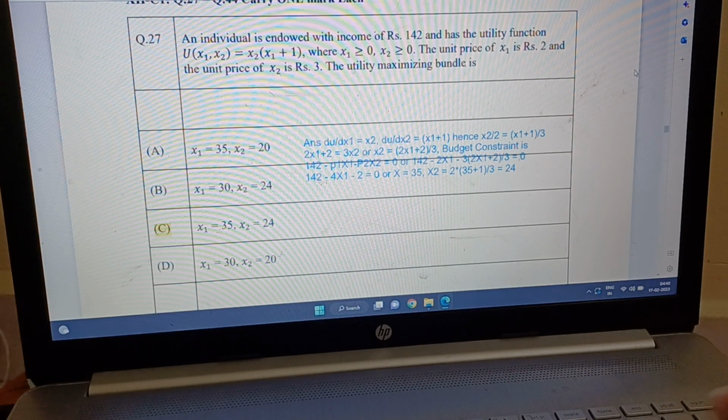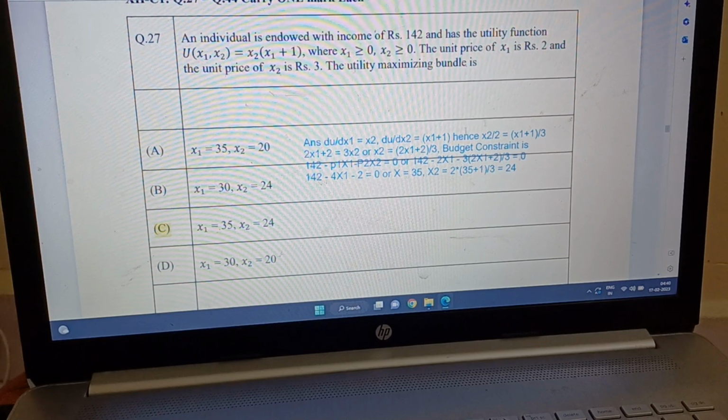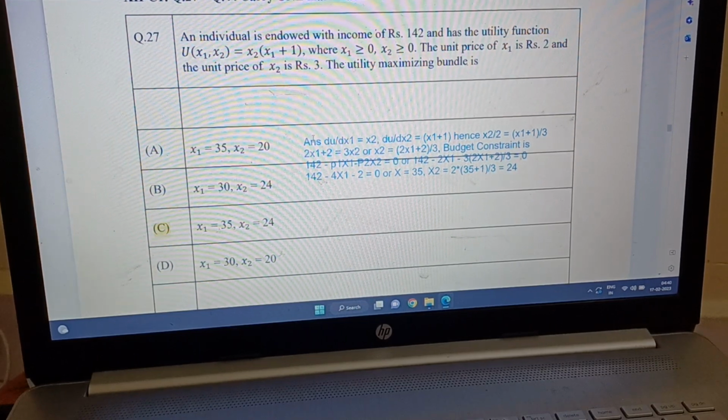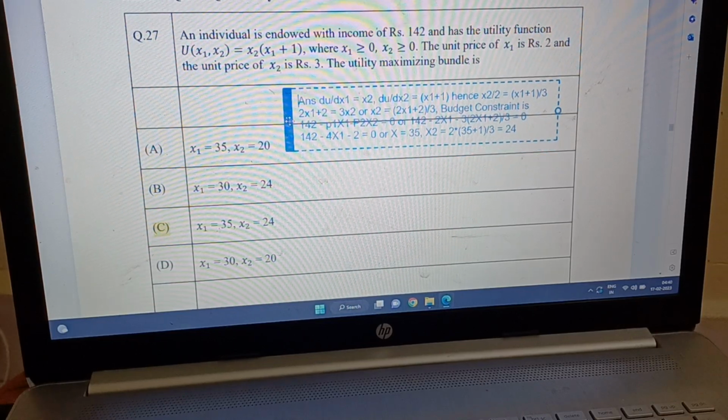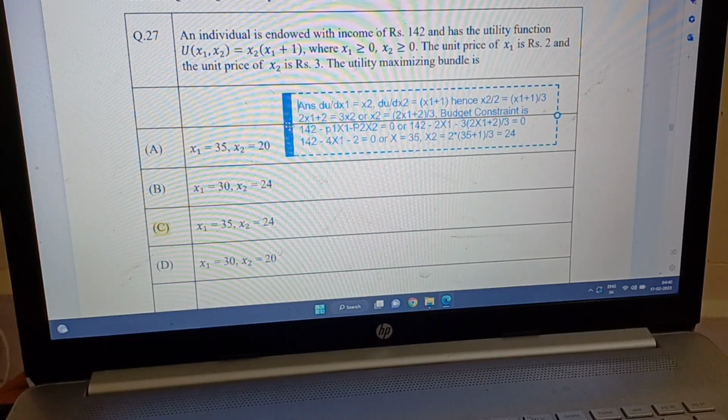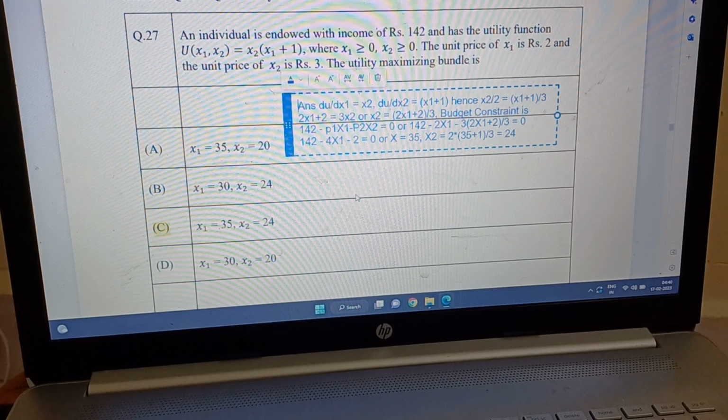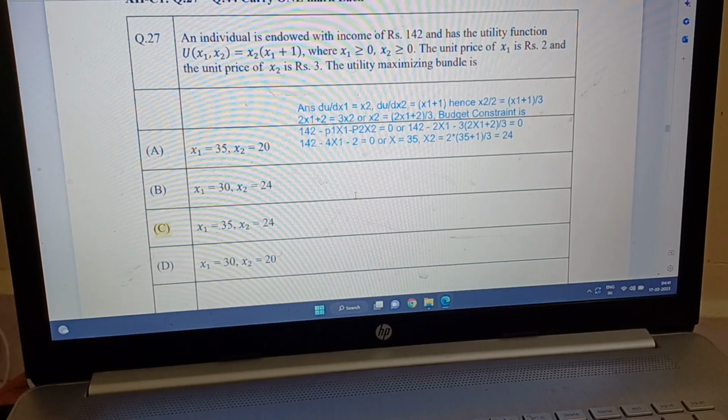It is complete in just 4 sentences. So let's start from here. The technique is that you don't have to go to Lagrangian, that is very long.